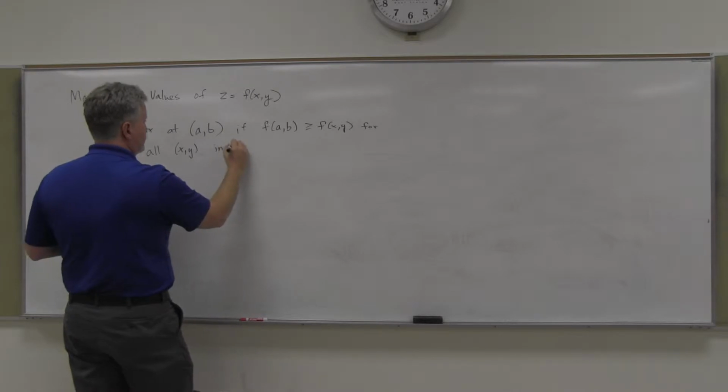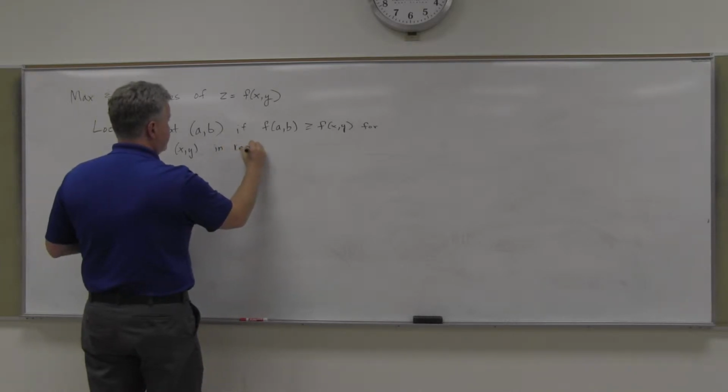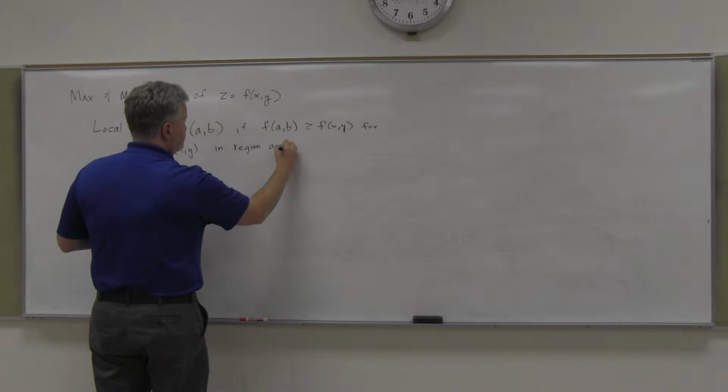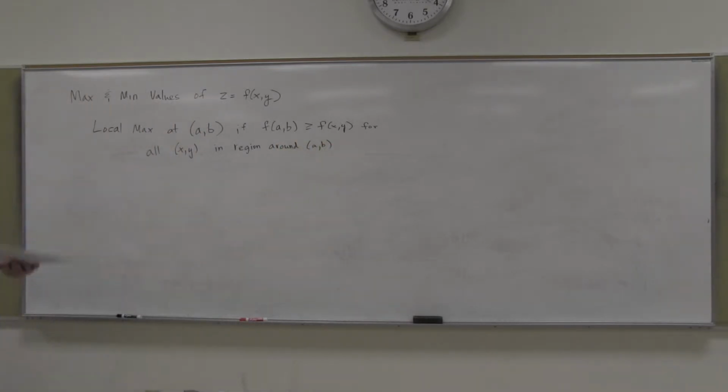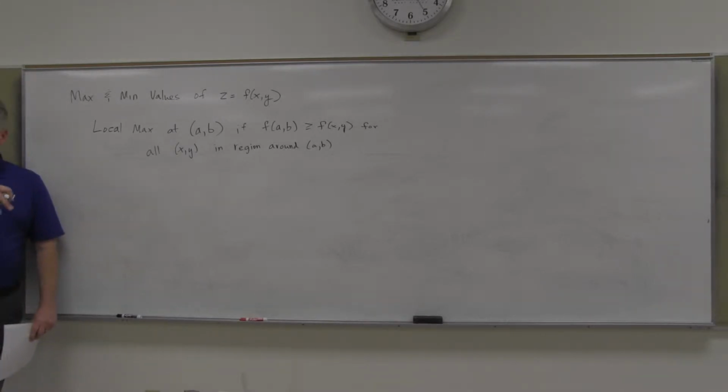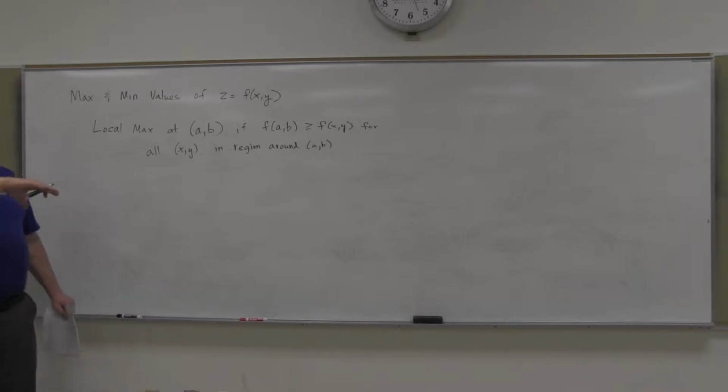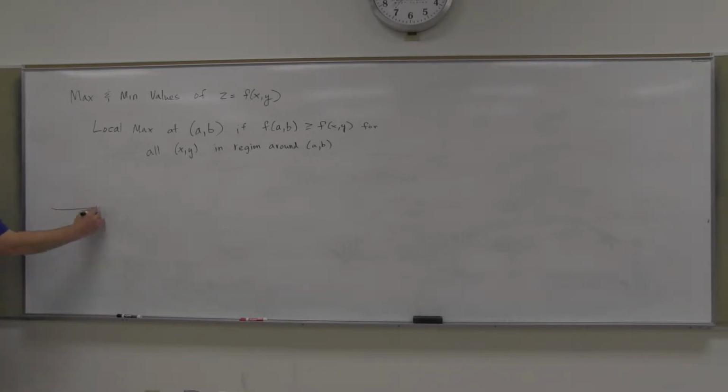in a region around a, b. So it's, like I said, very much the same thing. If we've got this particular function, it may have lumps in it, just thinking of a kind of sheet here, and then you've got this kind of mound.